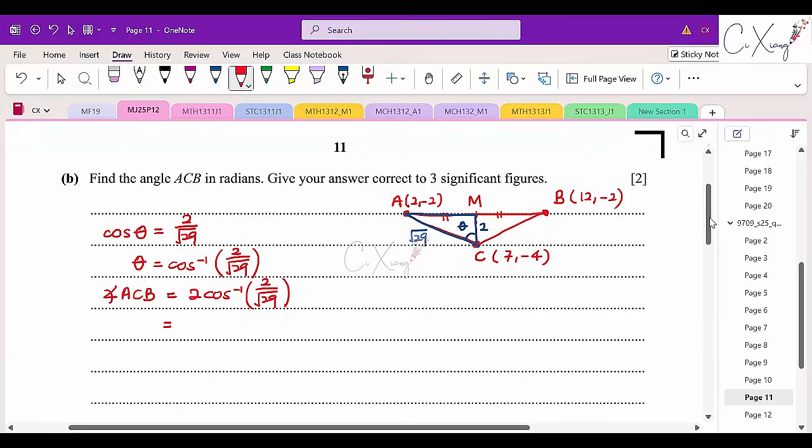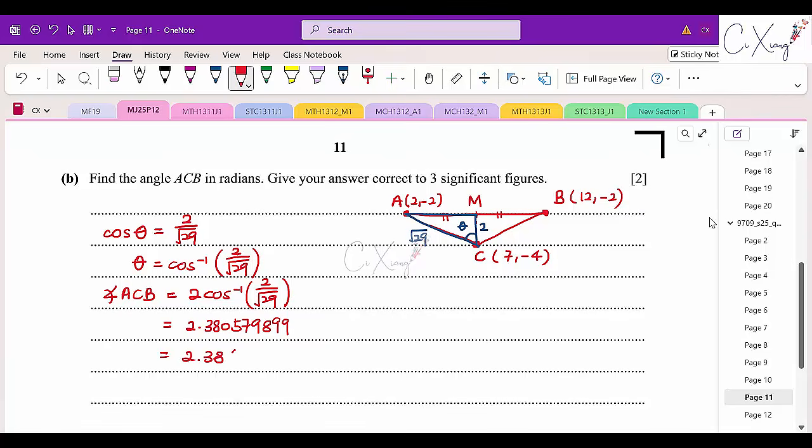Cos inverse 2 over square root 29, then multiply the answer with 2. You double check and see whether you get a long list of value. It should be 2.380579899. Sorry, our answer must be correct to 3 significant figures, so you just put it as 2.38.